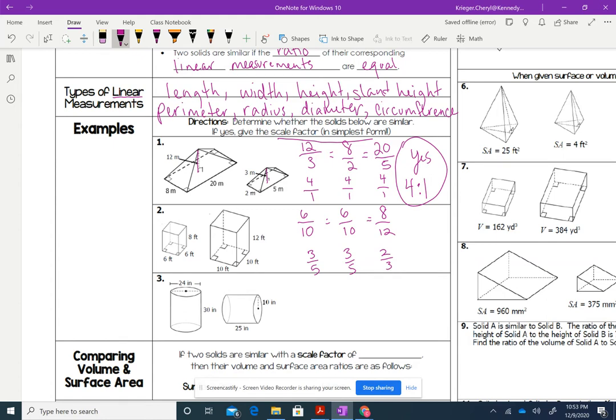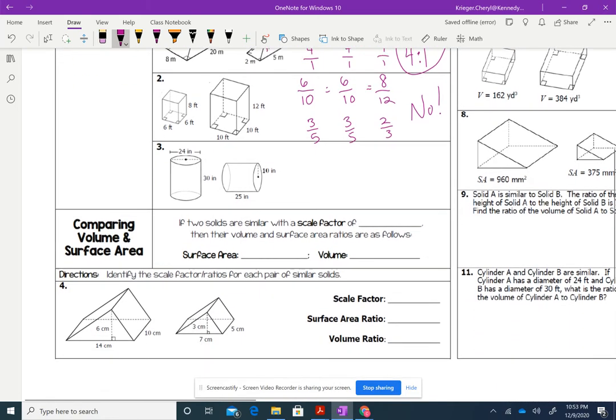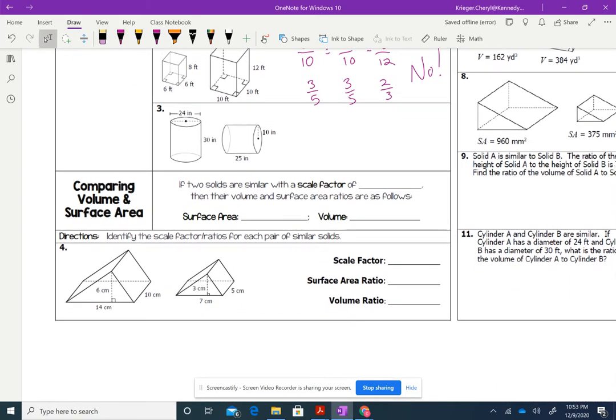Okay, so obviously they're not the same here, so they're not similar. I guess I could just put no. That would make more sense. It does say state yes or no. All right, so you guys can do number 3. Don't let it trick you. You're going to have to double this here to get the diameter.